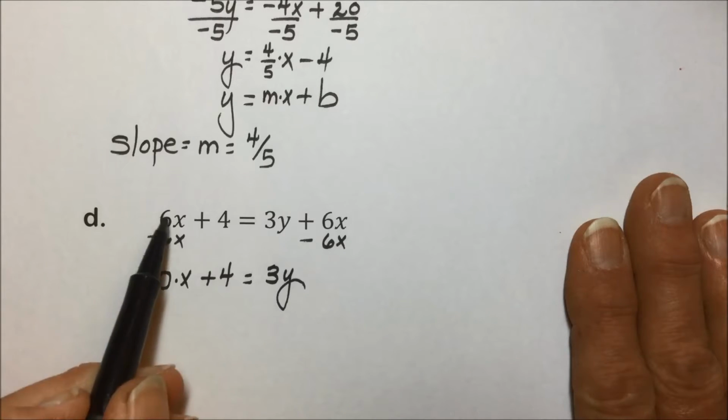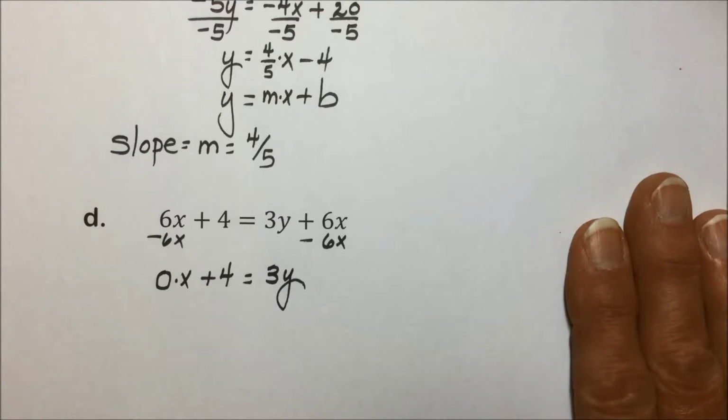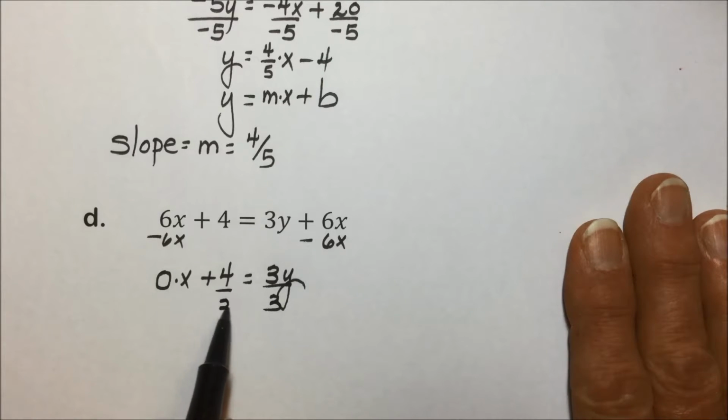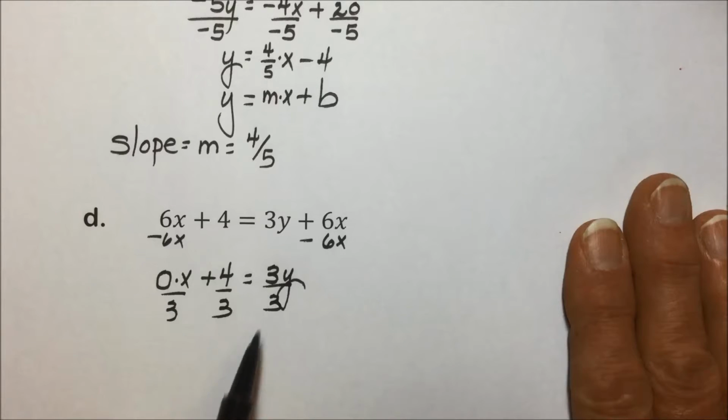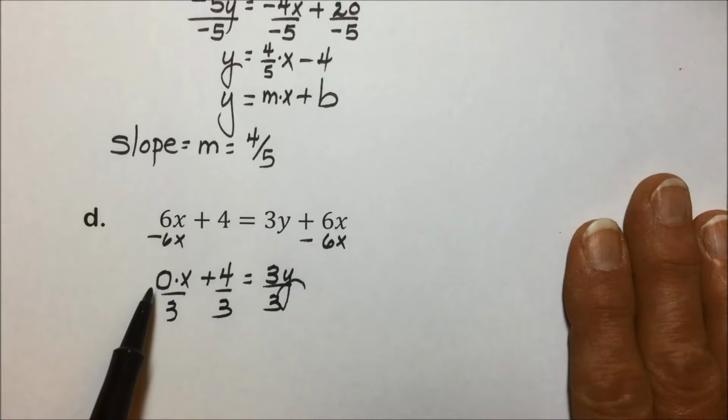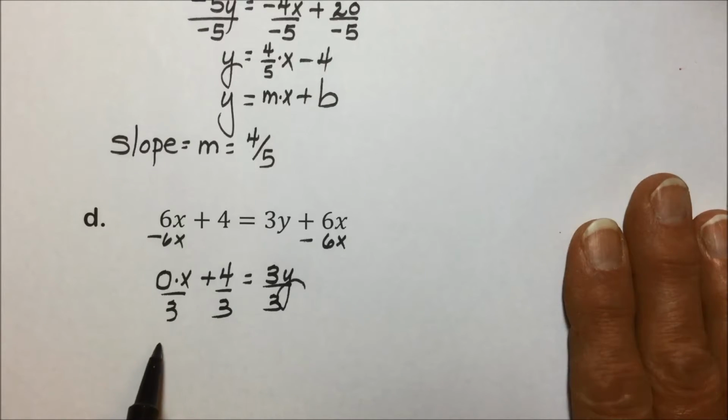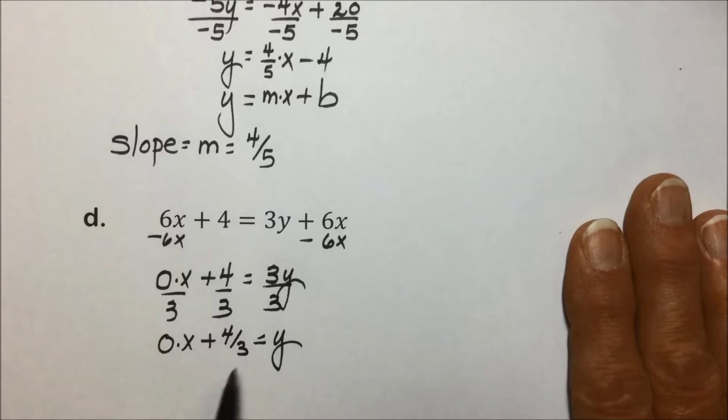And I'm going to leave the 0x for a minute. We don't have y by itself yet, so we'll divide every term by 3 so that we have a coefficient of 1 on our y. 0 divided by 3 is still our 0 times x, plus the 4/3 is equal to y.